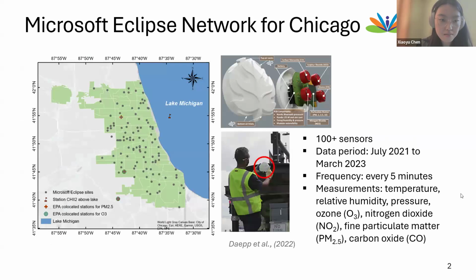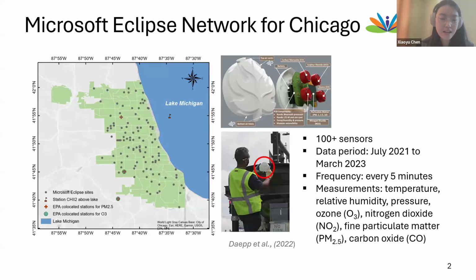Next slide, please. My research is based on a network named the Microsoft Eclipse Network. This is a local sensor network. It installed over 100 sensors across the city, like under the bus shelter shown in the figure.